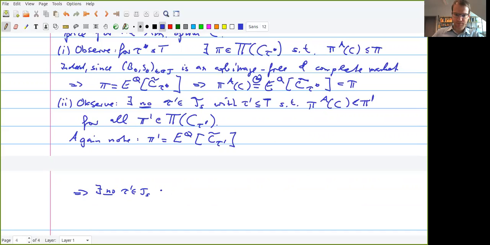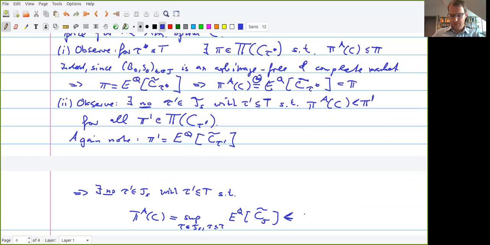well, it has to be an exercise strategy, so tau prime has to be less or equal than T, such that the American price, which we just defined as the supremum of all stopping times which are less or equal than T, of the expected value under Q of C stopped at time tau, well, this cannot be strictly bigger than the expected value under Q of C stopped at time tau prime, right?